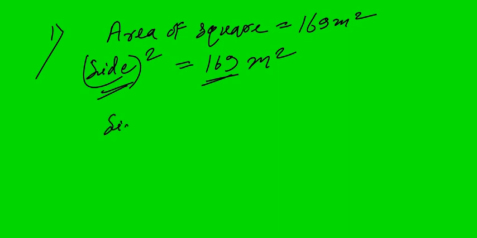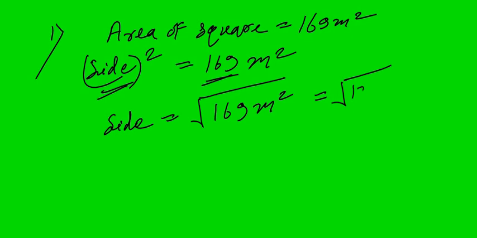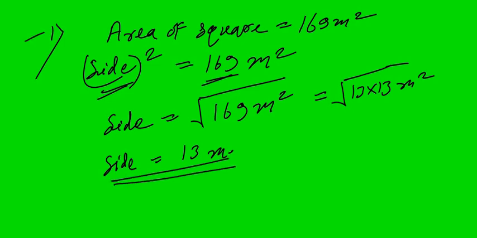So finally we will write, side is equal to under root 169 meter square. 169 is the square of 13. So we can write 13 into 13 meter square, that is, side is equal to 13 meter. So this is the solution of question number 1. The answer will be 13 meter.